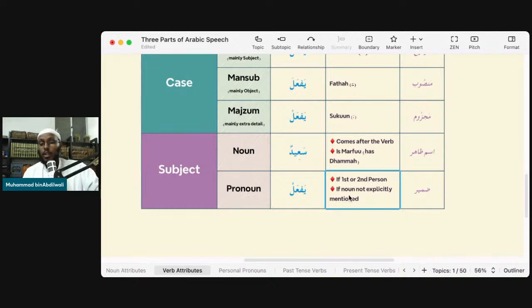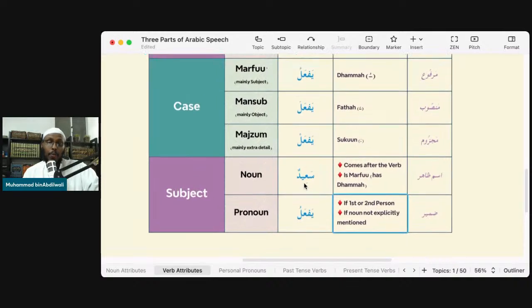And if it's third person, then it's going to be a pronoun if the noun has not explicitly been mentioned. So if there's no noun, you just have safara, that's it. He hasn't said Sa'id or Khalid or whatever, then you know that the subject is a pronoun that is hidden within the verb.